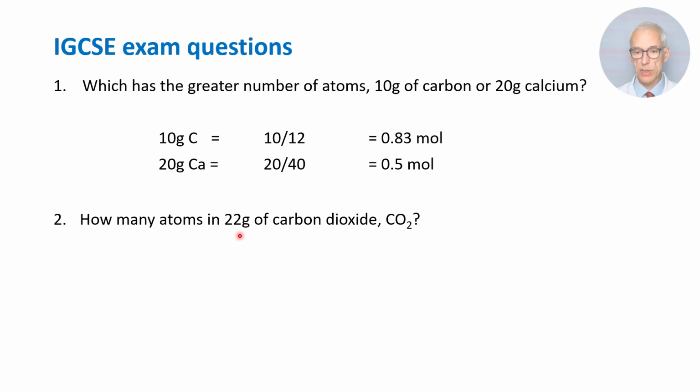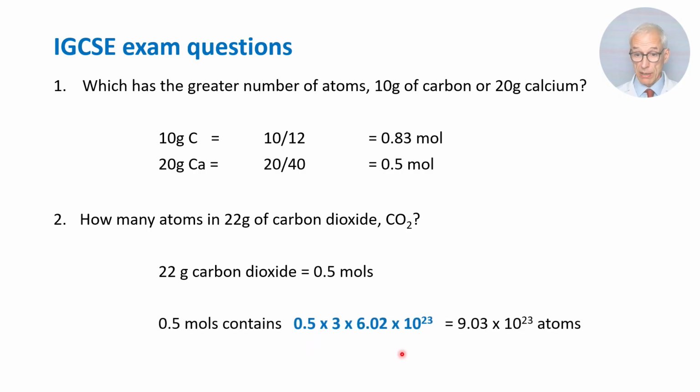How many atoms in 22 grams of carbon dioxide? Well, I need to know how many moles that is. So 22 divided by 44 gives us the numbers of moles. Then I'm going to remind you of Avogadro's constant. That's the number of particles in 1 mole.